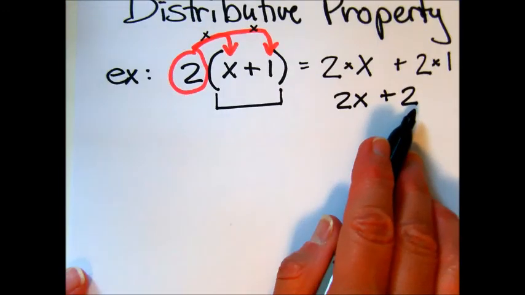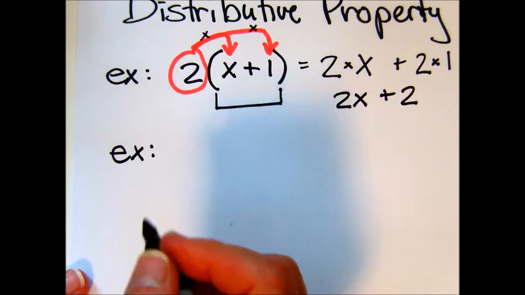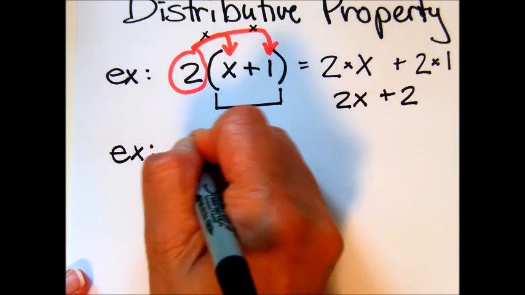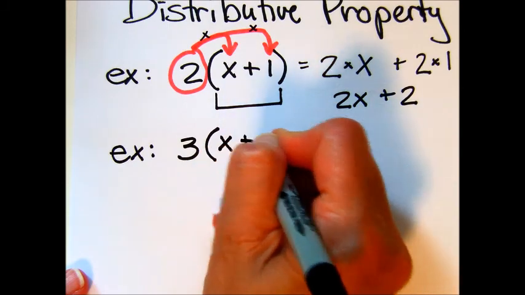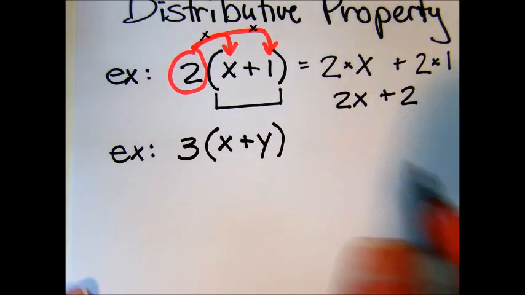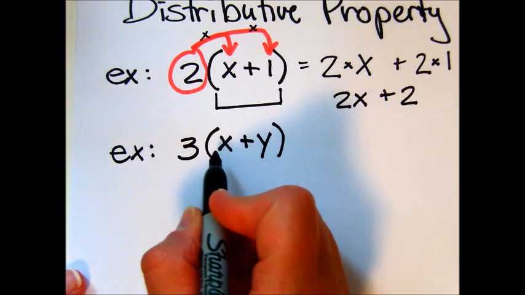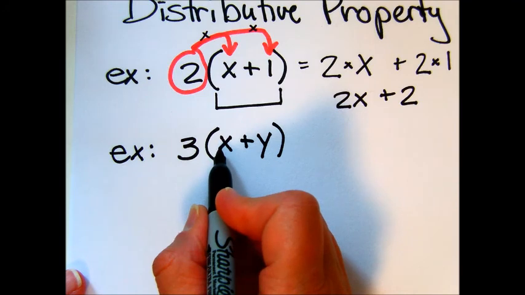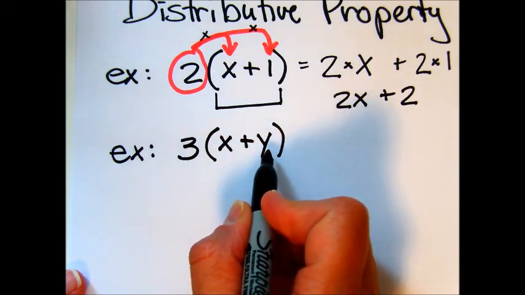Let's do some more so you kind of get the hang of it. Let's say we have 3 times the quantity of x plus y. In this case, we have 2 different variables. So because the letters are different, they represent different numbers or different values.